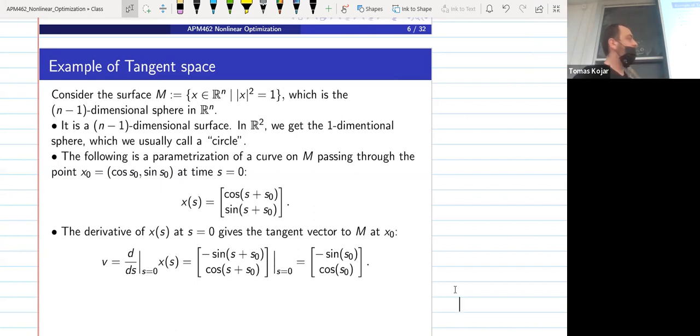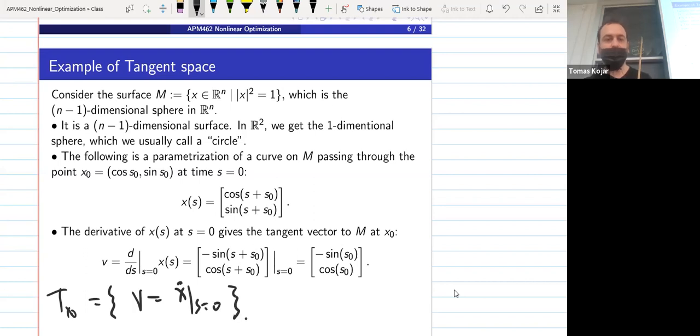And then remember, the definition of the tangent space is that T of x naught are all these points, all these V's equal to x dot at s equals 0. So these are all the vectors possible.